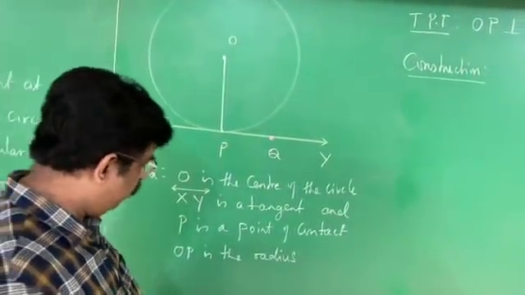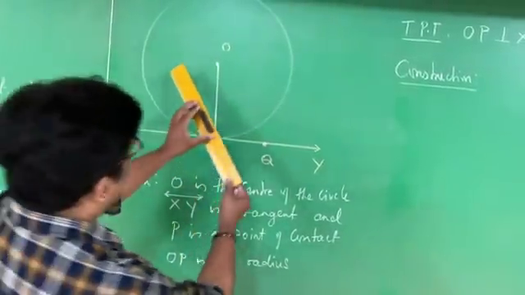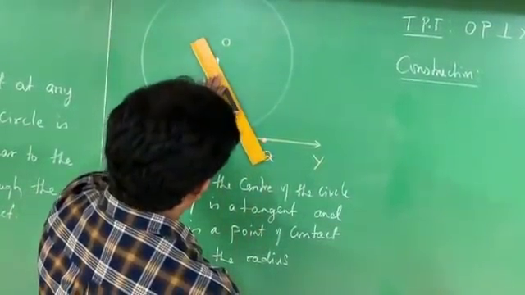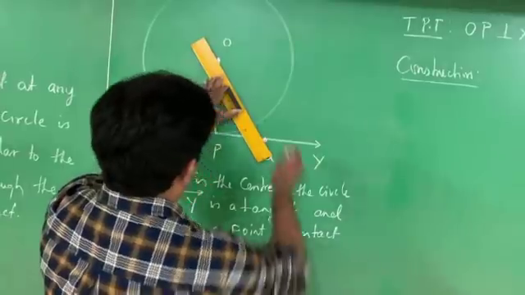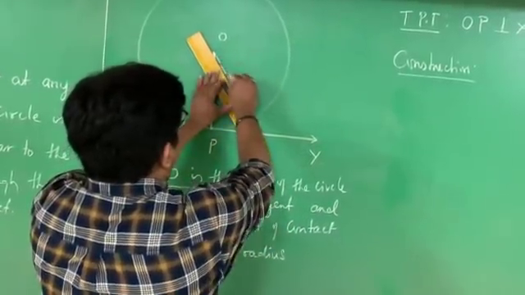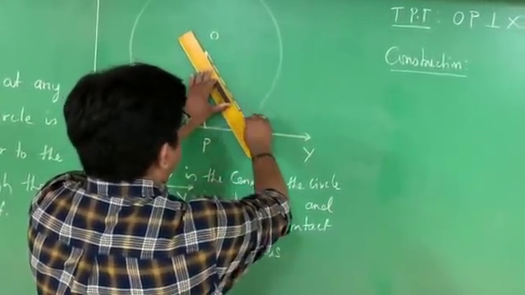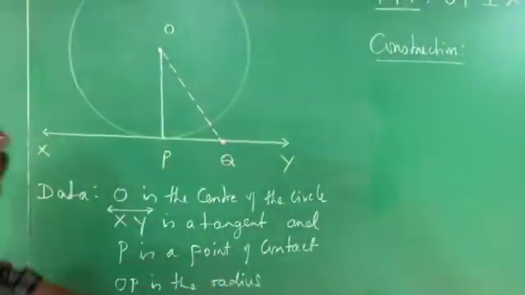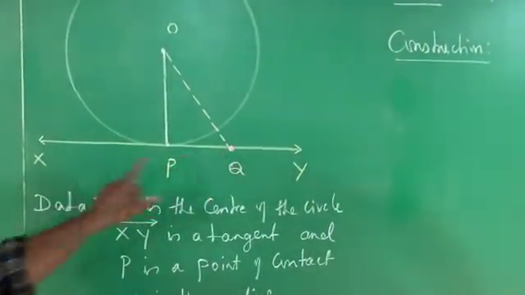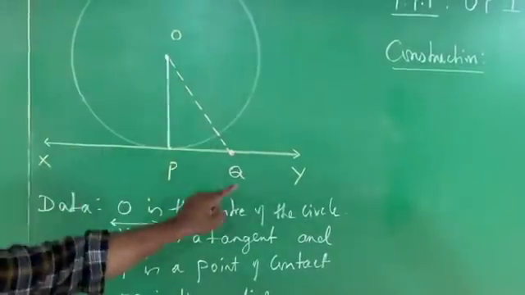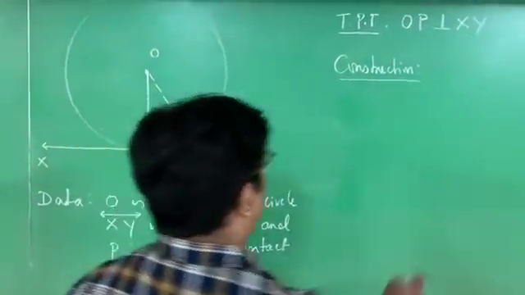Mark a point Q on XY and then join OQ. That is my statement in the construction.